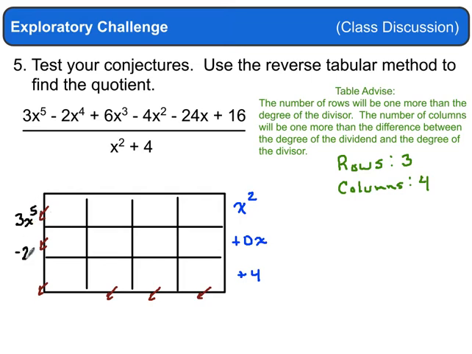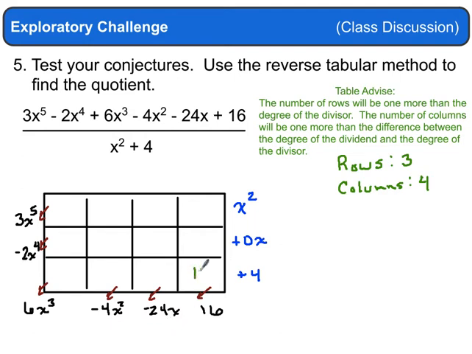Here we have a negative 2x to the 4th. Here we have a positive 6x to the 3rd. Negative 4x squared. A negative 24x. And a positive 16.